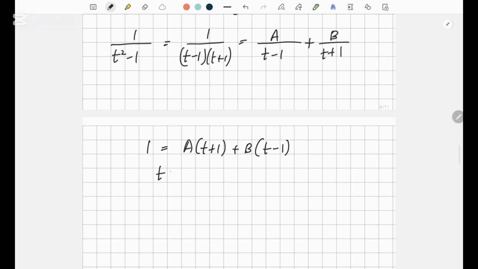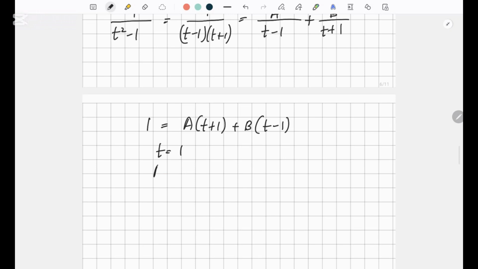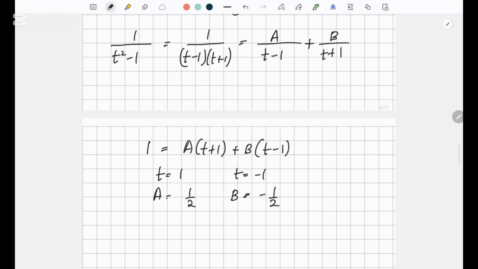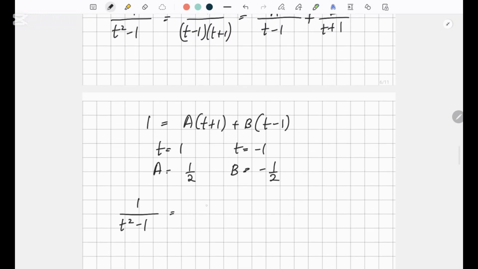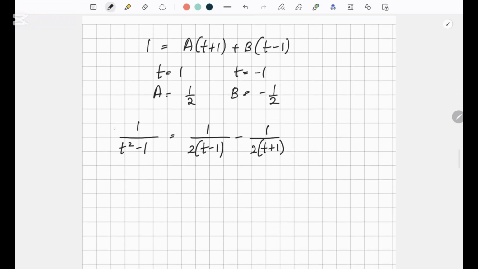So when t equals 1, a equals half. When t equals minus 1, b equals minus half, right? Okay, so when you go further, you could write 1 over t squared minus 1 equals 1 over 2 into t minus 1 minus 1 over 2 into t plus 1. So instead of integrating this, all we have to integrate is this now.